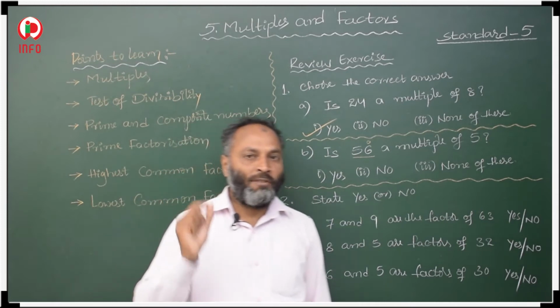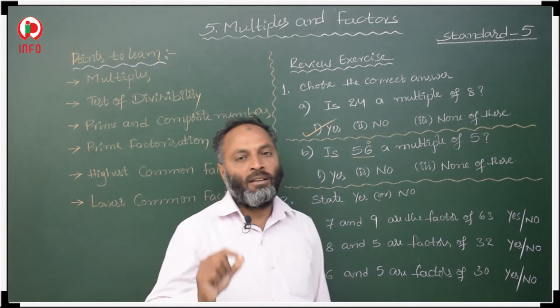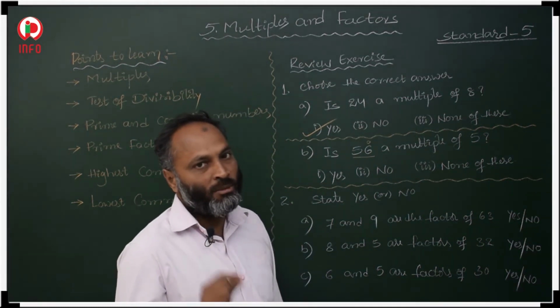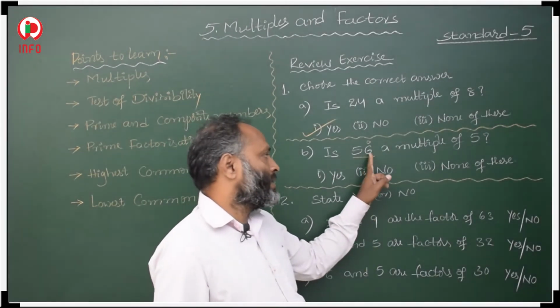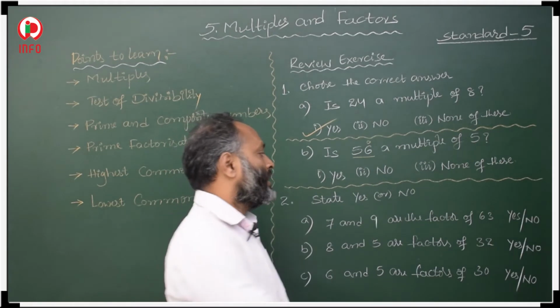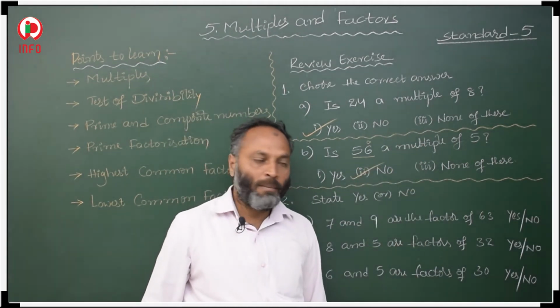If 0 or 5 is in the ones place, then only the number is divisible by 5. Here in the ones place 6 is there, so it is not divisible by 5. So the answer is no. No is your answer.